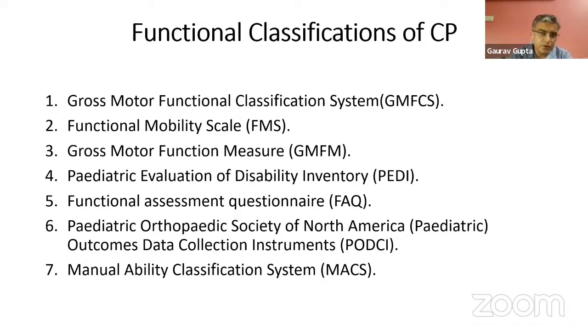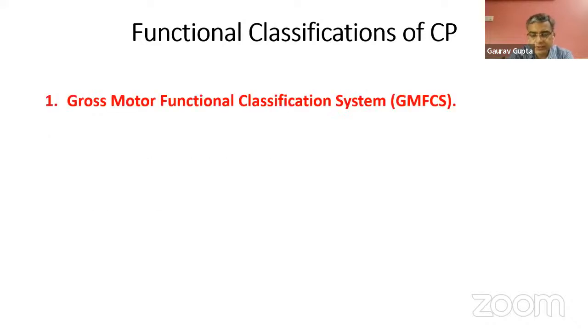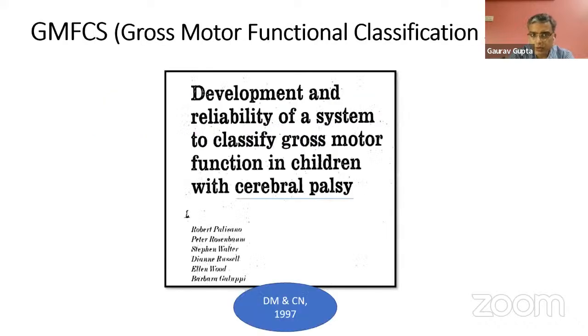Then let us discuss functional classifications of CP. We know there are a lot of classifications, but we will mainly discuss the commonest ones, which are GMFCS and FMS. So GMFCS, or Gross Motor Function Classification System, is the oldest.